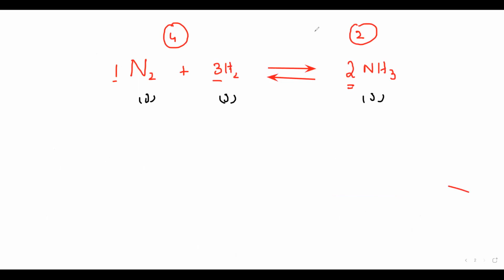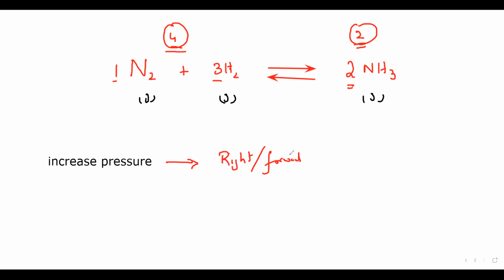So if we increase the pressure, where will the equilibrium shift? There are four particles of nitrogen and hydrogen in total, and there are only two particles of ammonia. So when we increase the pressure in this example, it will shift towards the right hand side, or we can say forward.